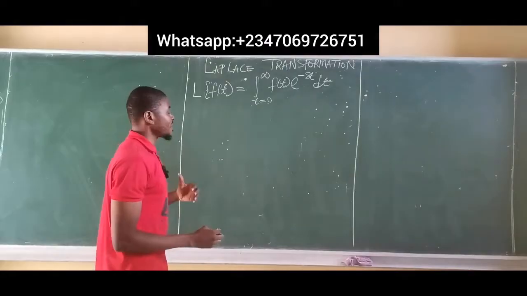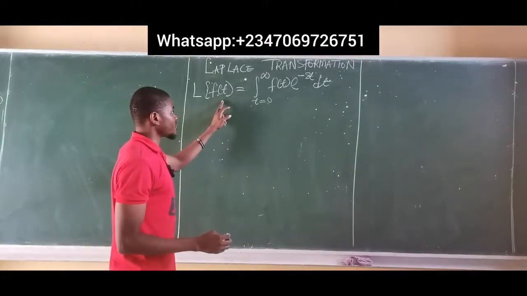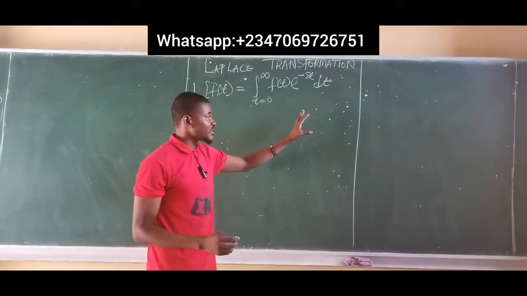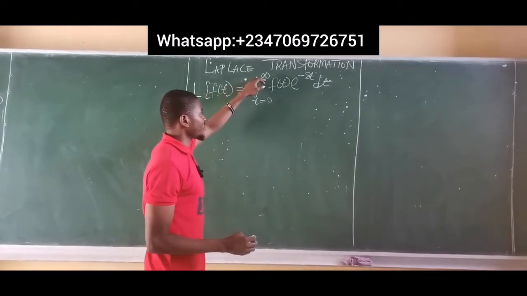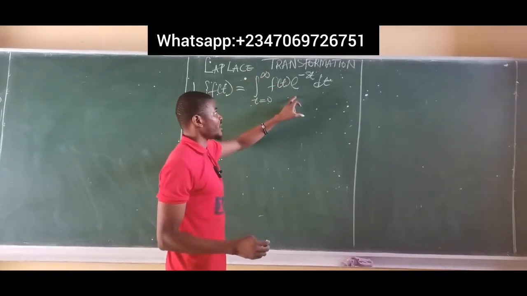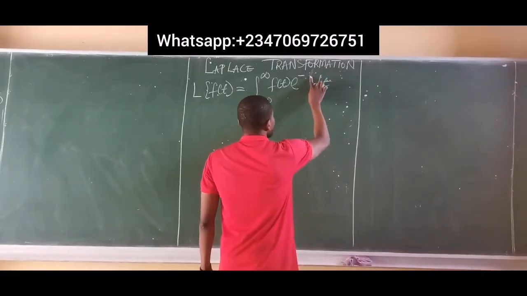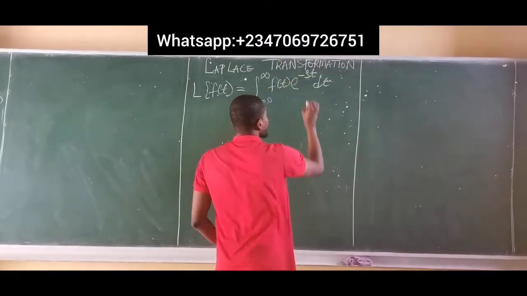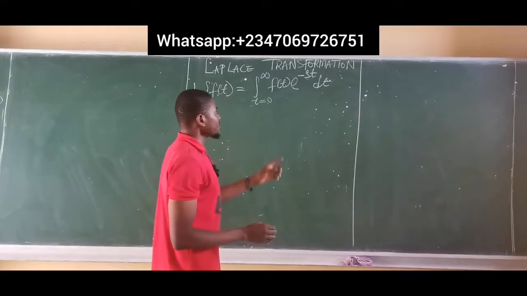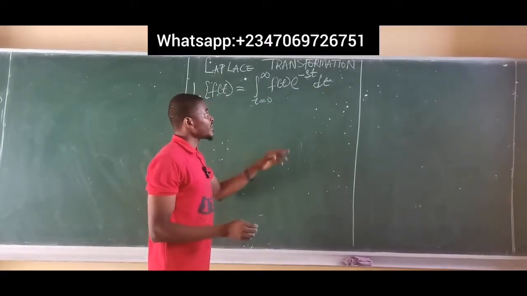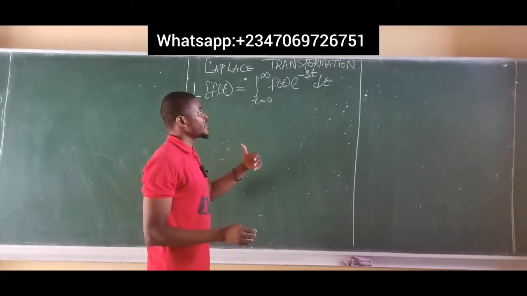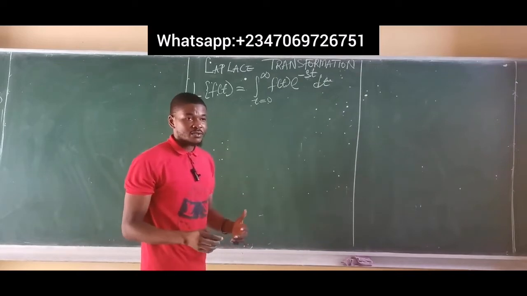L here indicates Laplace of the given function f of t, and it is simply an integral from t equals 0 to infinity of the function multiplied by exponential minus st times dt.